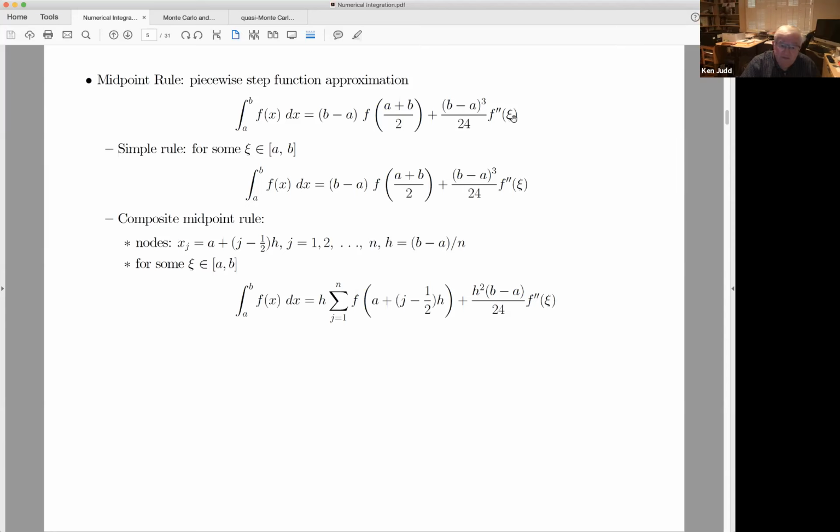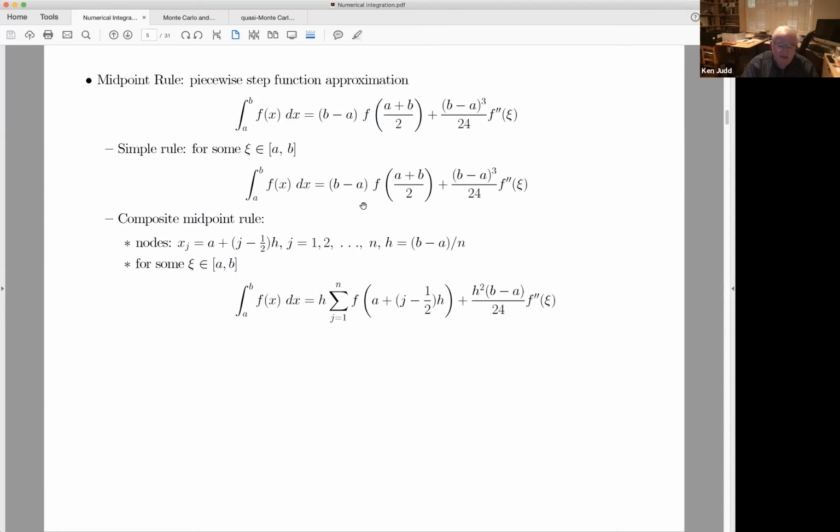So this is the simple rule. And this tells you an expression for the error, as long as the function has two derivatives. Now, the problem is that this error is going to be large. If a is 0 and b is 100, well, 100 cubed is a big number, even when you have a small f double prime.